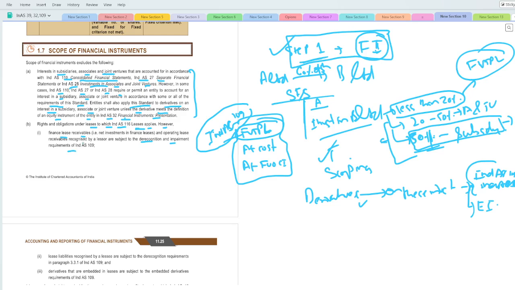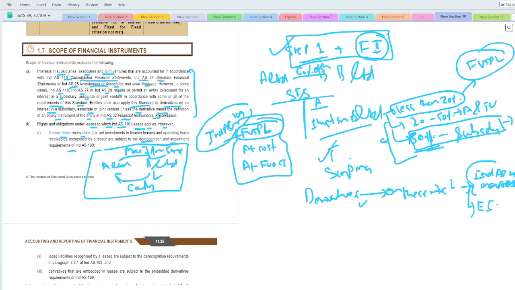So normally in a lease, what happens? Like A Limited and B Limited. A Limited is giving machinery on lease, so say it has given the machine to B Limited for 5 years. And here B Limited will be giving the money on an annual basis, so the cash will be received. If both legs are outstanding, you cannot say it's a financial instrument, correct?